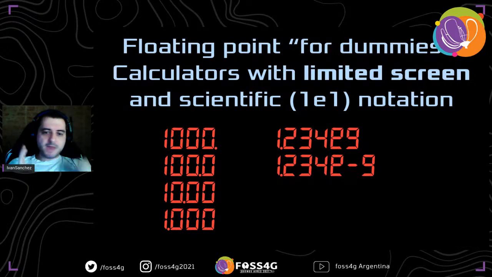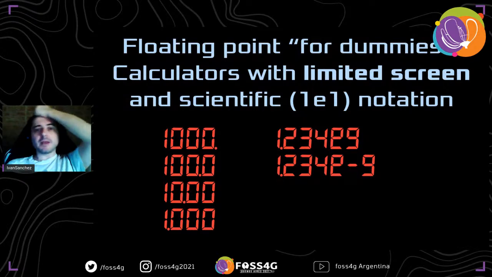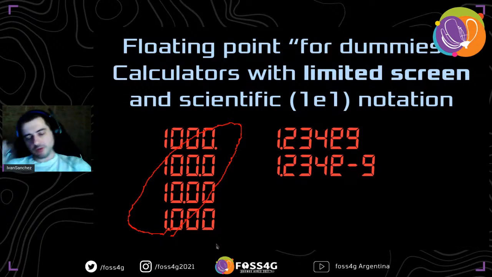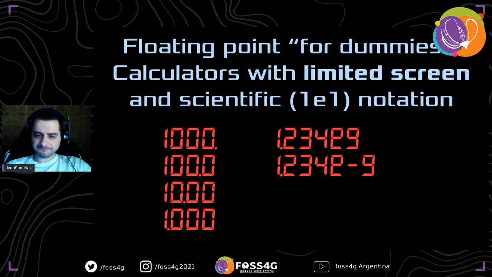This is the easy way to understand why numbers in computers are not always what you think they are. The floating point number means that whenever you have a point, you have to imagine that the point floats around the number. You have a set amount of digits to work with, and the point can go in and out, even away from the screen, which is when scientific notation happens.